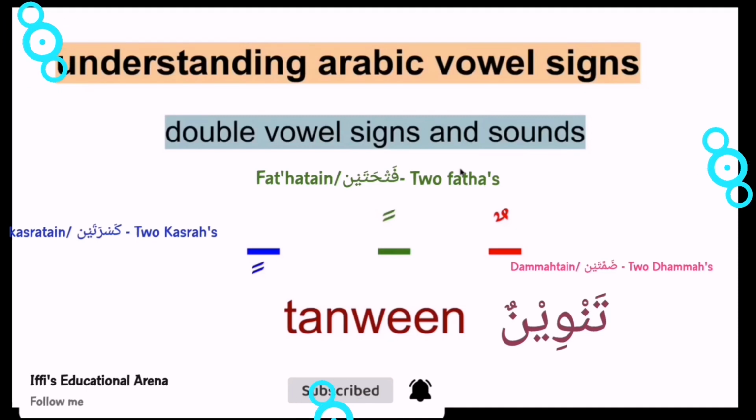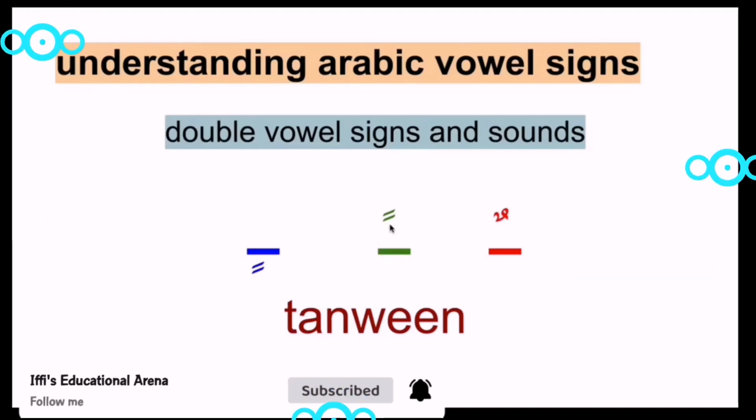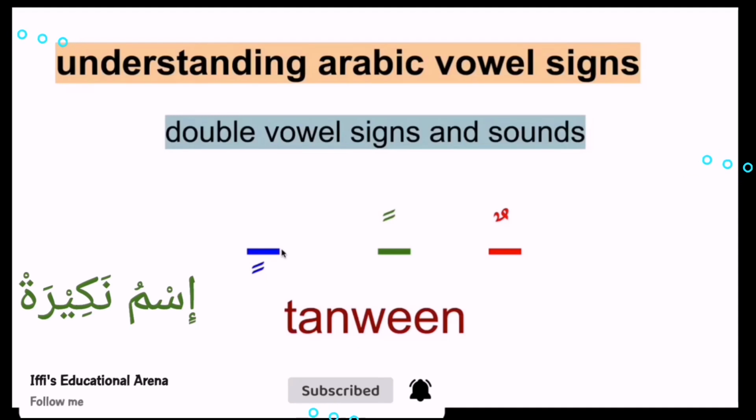So we learned about single vowel signs. Then we have what is called double vowel signs, when we have two dhammas, two fathas and two kasras. What do they signify? These are called tanweens. Tanween means two dhamma, tanween fatha, and tanween kasra.